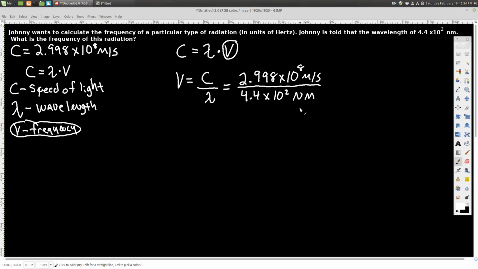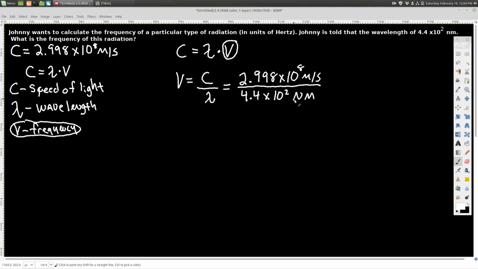Now we would be ready to type this into the calculator, but we have a problem right now. Our units are not matching. Notice that this is meters, this is seconds, but down here this is nanometers. So the meters itself has a prefix on it.